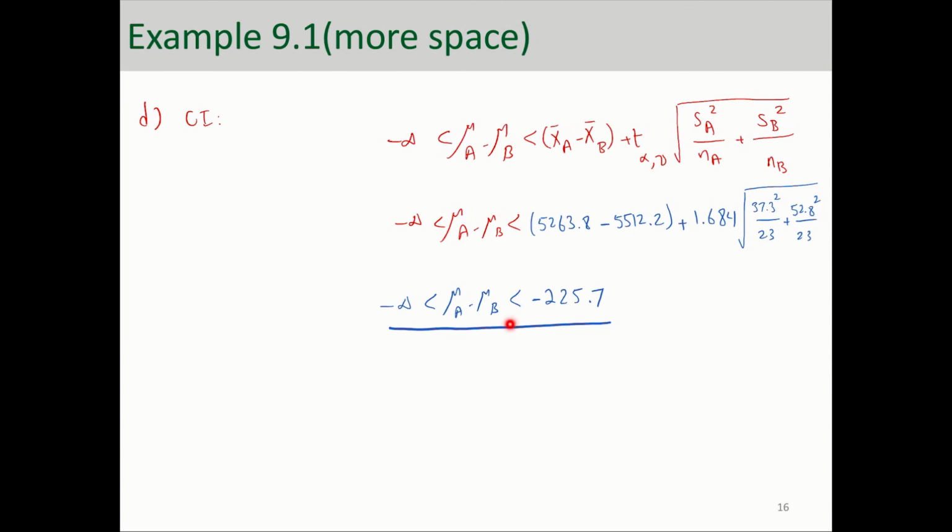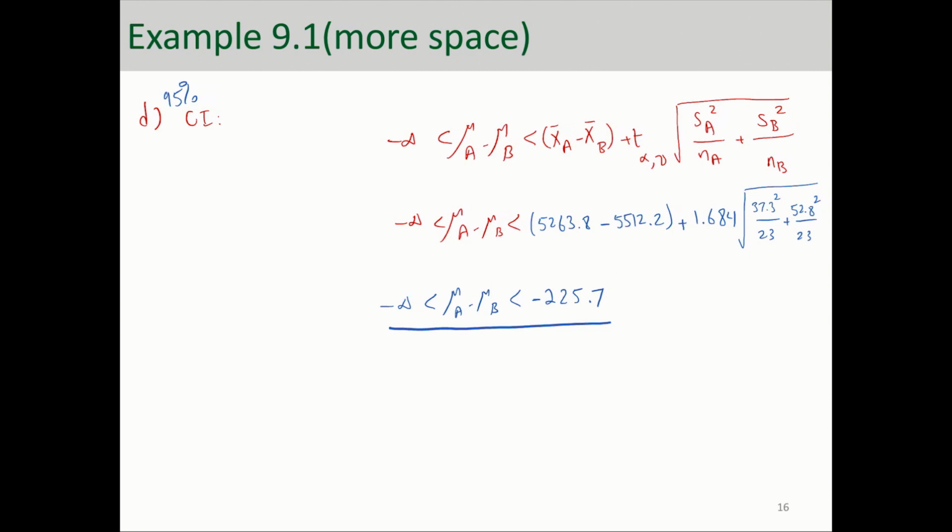With an alpha of 0.05, that means this is a 95% confidence limit. And what we can say is that with 95% confidence, the mean tensile strength of supplier B is greater than the mean tensile strength of supplier A by at least 225.7.